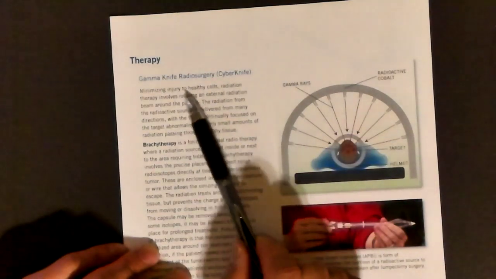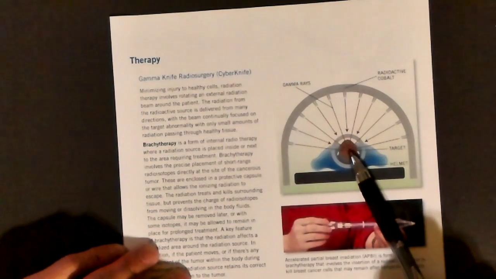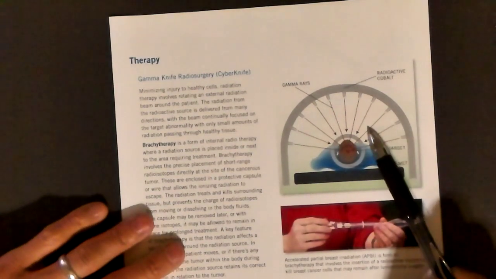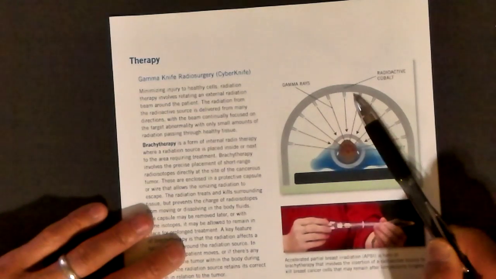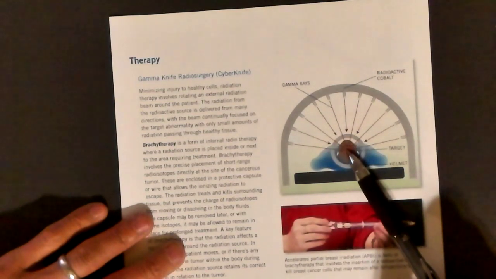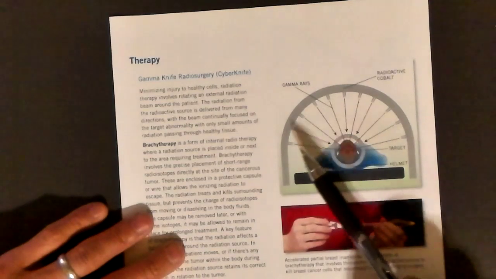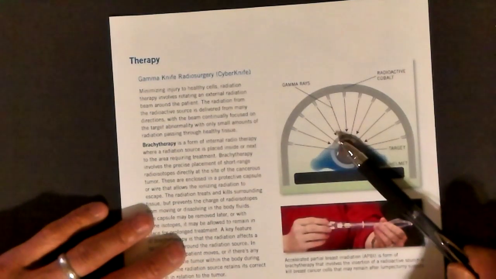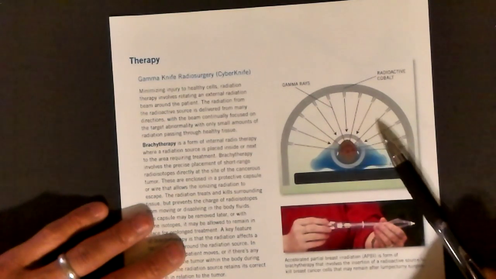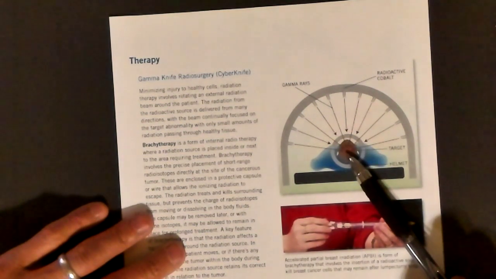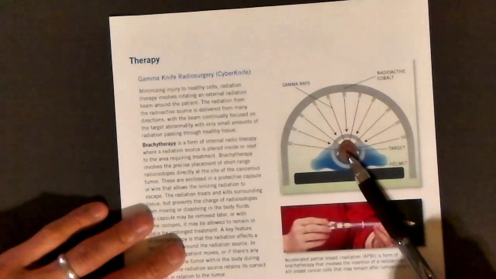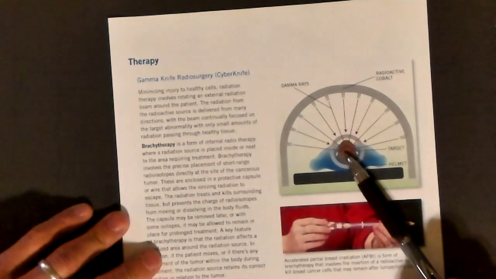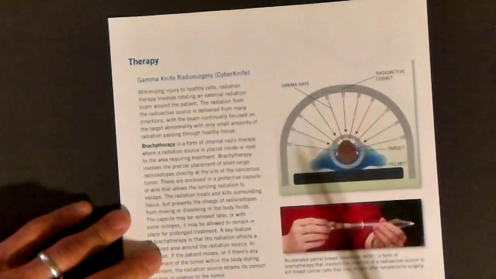The whole idea is you're trying to target a certain region with your gamma rays, but each gamma ray is producing damage all throughout the region. So what you're doing is you spread out the gamma rays so that you're not hurting the tissue too much here in the foreground, but everything is hitting the tumor that you're trying to target. There's a focusing upon that point, so you deliver the maximum intensity only in this region here.